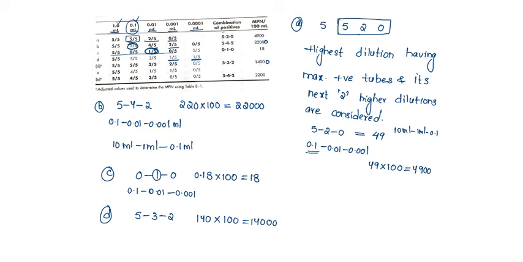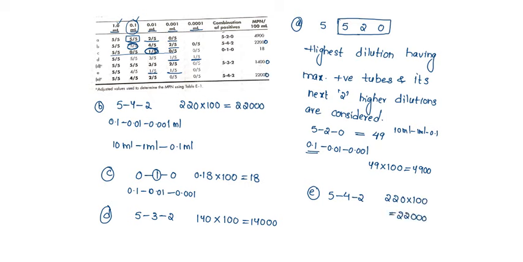And at last, for E also, the sum of this and this should be added and taken, that is 542. Corresponding to 542, the value is 220. It should be multiplied with 100, so it becomes 22000.